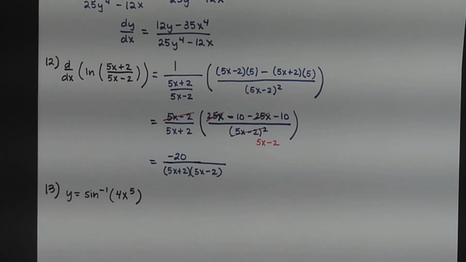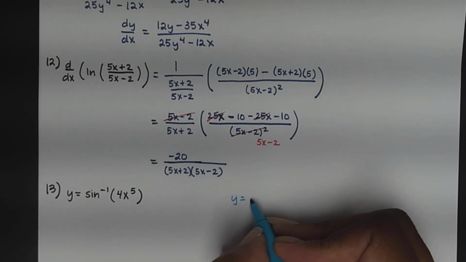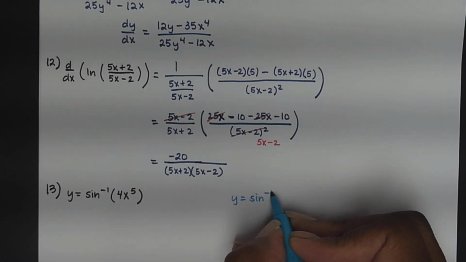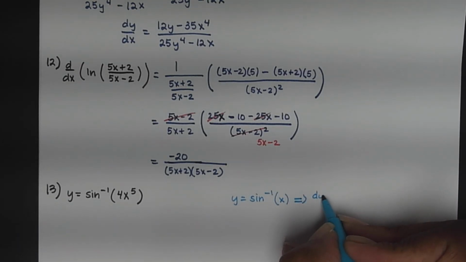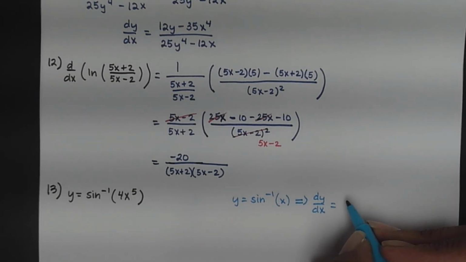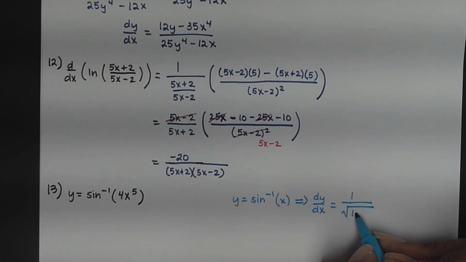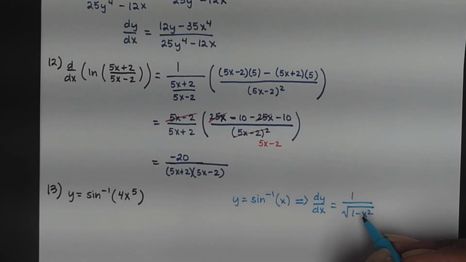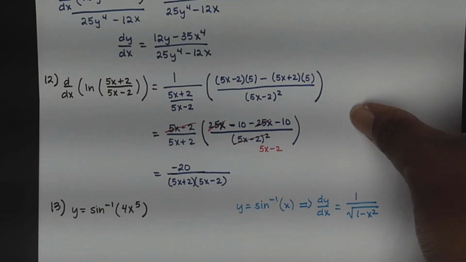And you do need to be familiar with the derivative of your inverse trig functions here, like the derivative of the inverse sine of x. This will give you, that means that dy dx will be this, 1 divided by the square root of 1 minus x squared. That's just something you need to be familiar with here.